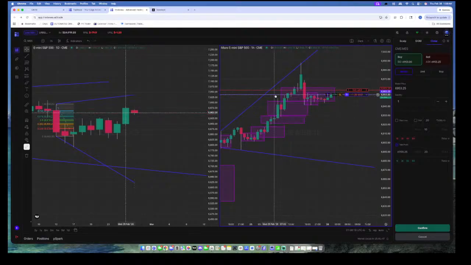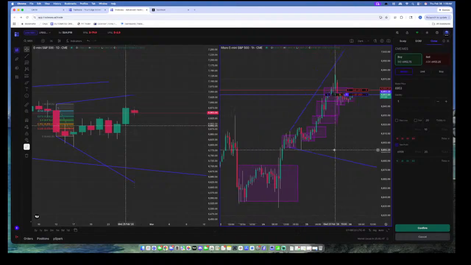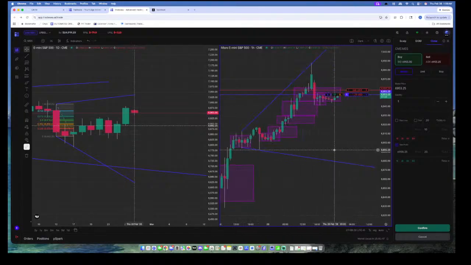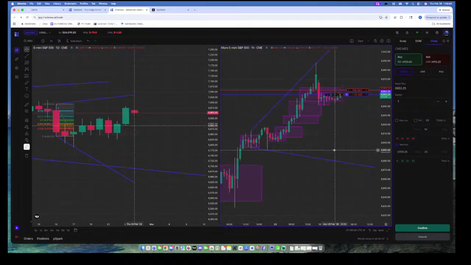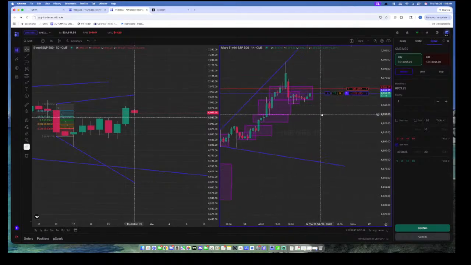Like I said, I was playing around with boxes earlier. I said, let me just draw all these consolidation areas, and I drew them in boxes. You can just see consolidation, consolidation, consolidation, consolidation, breakout, consolidation, breakout, back to consolidation.